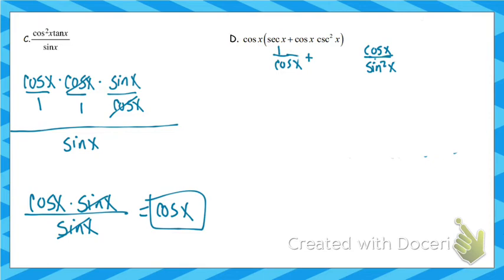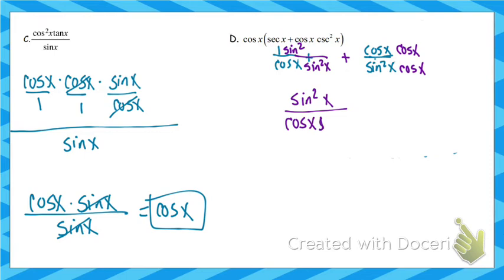That common denominator, the left fraction has a cosine, so it needs a sine squared. The right fraction has the sine squared, so it needs the cosine. So now you have the same denominator on both fractions, and you're able to add them together.